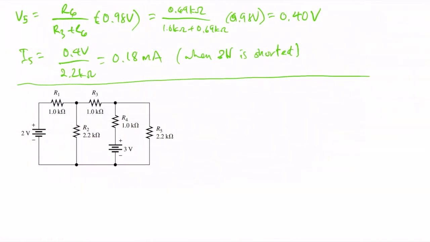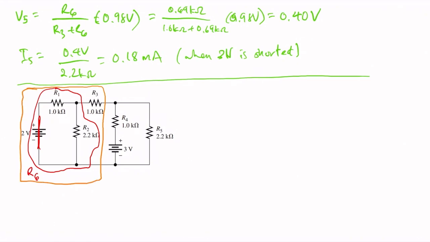Now to solve for the current when the 2 volt source is shorted, we see in this case that R1 is parallel to R2, and that's going to be our R6. Then we see that R6 is in series with R3, and that will be our R7.